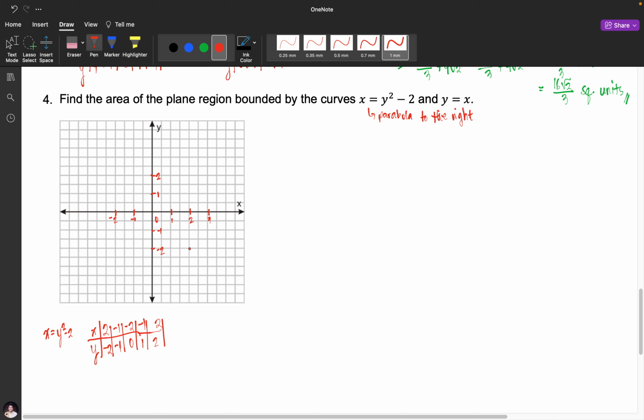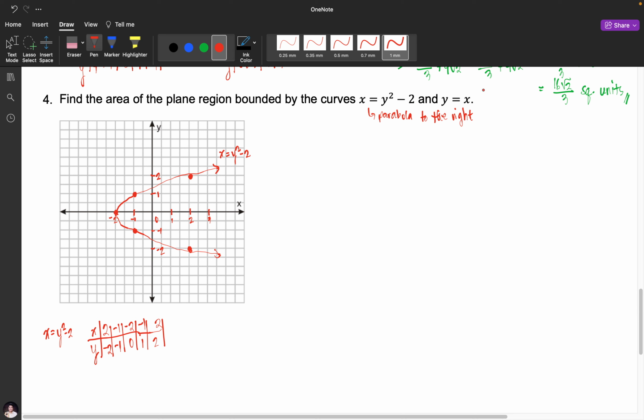So 2, negative 2 is here. Negative 1, negative 1 is here. Negative 2, 0 here. Negative 1, 1 here. And 2, 2 is here. So again, this is a parabola that opens to the right. Okay? So this is x equal to y squared minus 2.